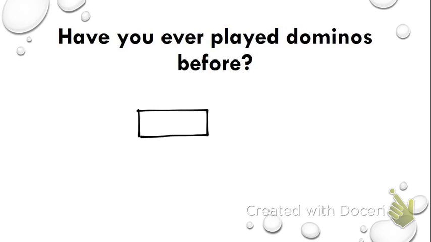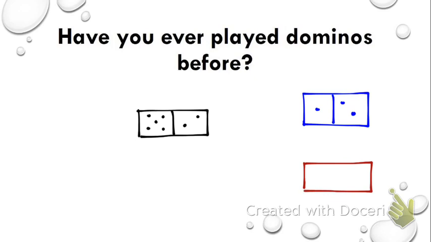So if I have a domino, guys, pay attention because tomorrow you're going to play dominoes with some stuff. I'm serious. All right, so if I have a domino like this, and dominoes have 2 sides to them, right? And then I have these 2 dominoes that I could choose to play.